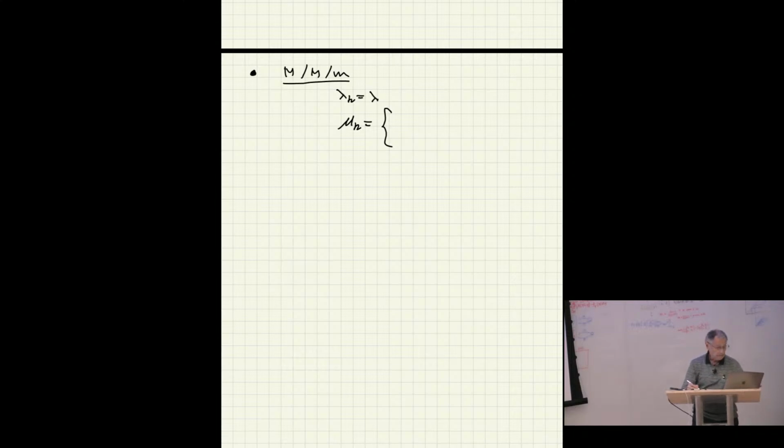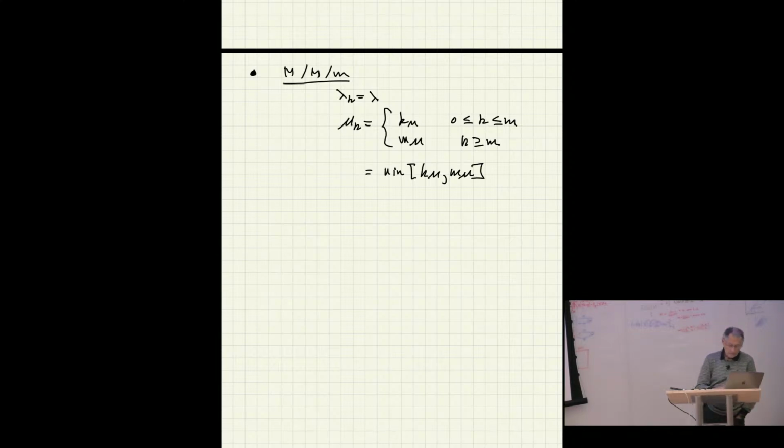So mu k basically is k mu for 0 less than or equal to k less than or equal to m, and m mu for k greater than or equal to m. Or if you will, is equal to the minimum of k mu and m mu. Now, guess what the ergodic condition would be here?